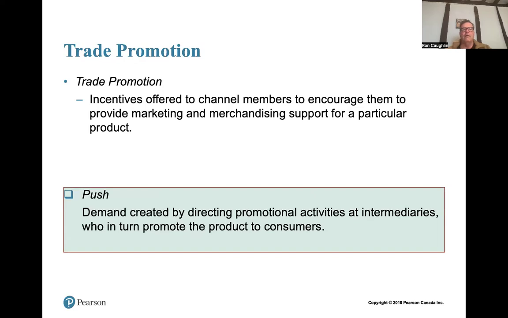These are incentives offered to channel members to encourage them to provide marketing and merchandising support, particularly to a product. This could be done through push, which is really demand created by directing promotional activities through intermediaries who in turn promote the products to the consumer. This can be done through trade as well as through consumers.